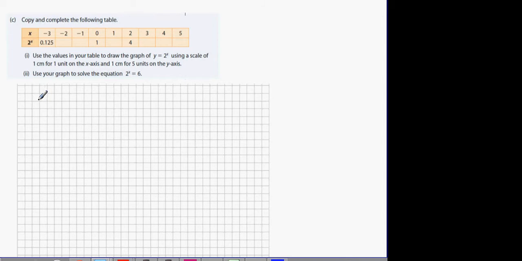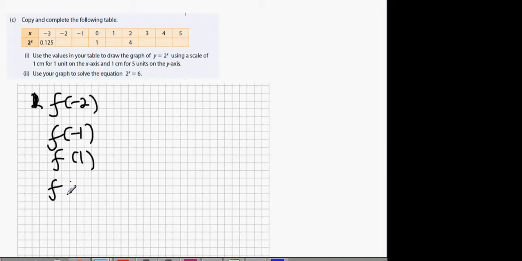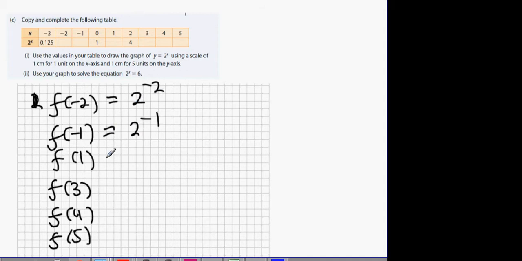So the first one is we've got to do f of minus 2, f of minus 1, f of 1, f of 3, f of 4, and f of 5. Once we do that, we've got to write down what each one is. 2 to the power minus 2, 2 to the power minus 1, 2 to the power 1, 2 to the power 3, 2 to the power 4, 2 to the power 5.